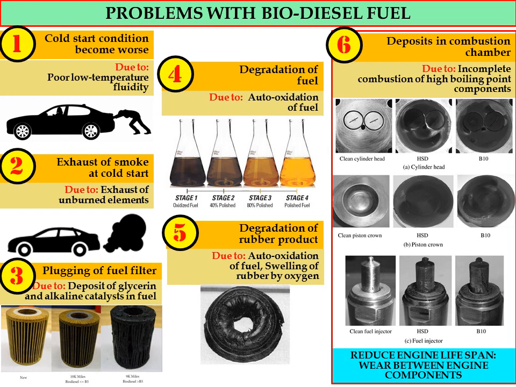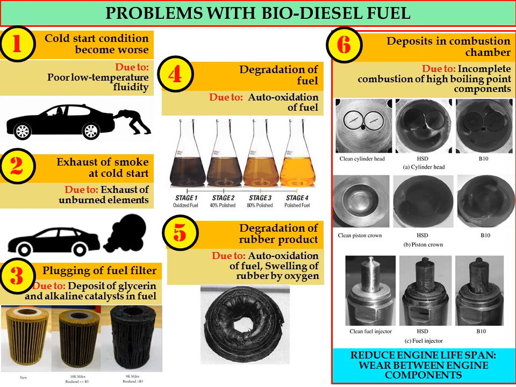And the third photo shows the condition of the different engine parts in terms of deposit formation when the engine uses blended biodiesel fuel with 10% biodiesel content in the fuel.